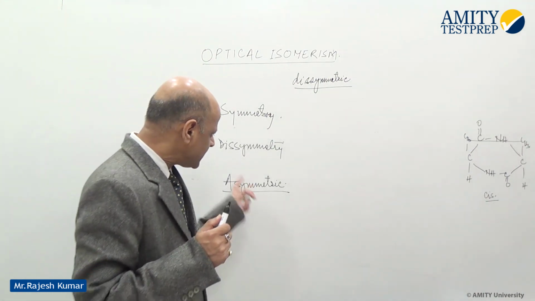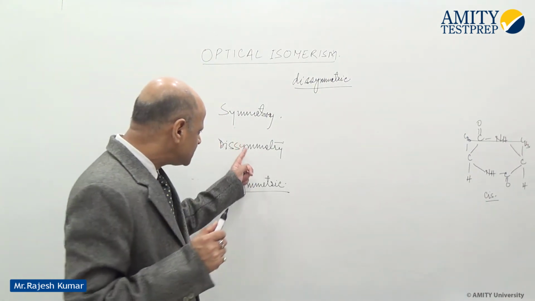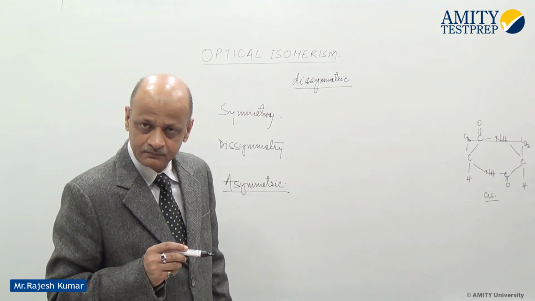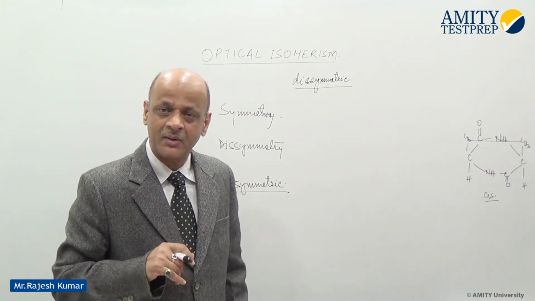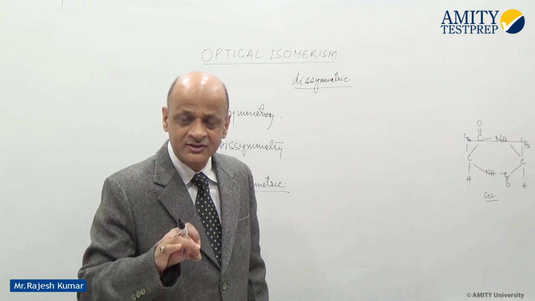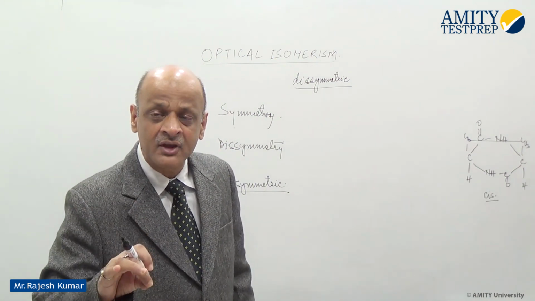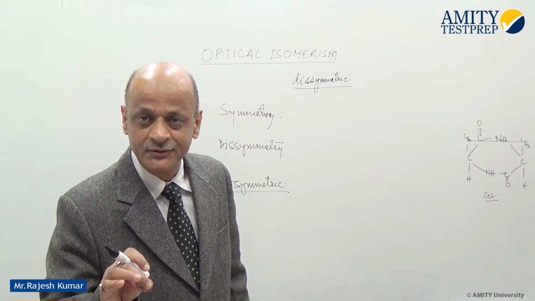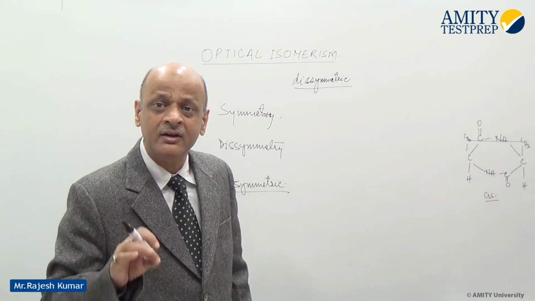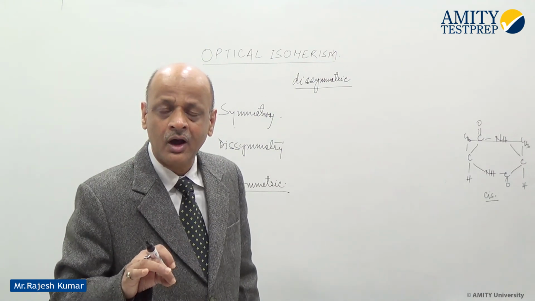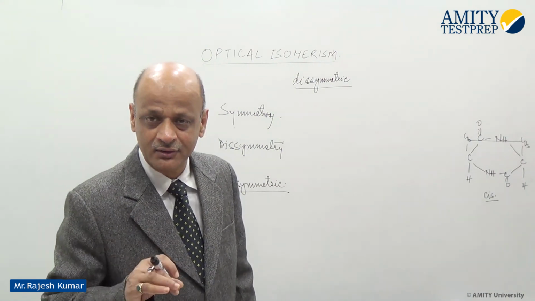Now, what is an asymmetric molecule? Those dissymmetric molecules which have an asymmetric carbon atom, meaning a carbon atom with four different groups present, are called optically active molecules.